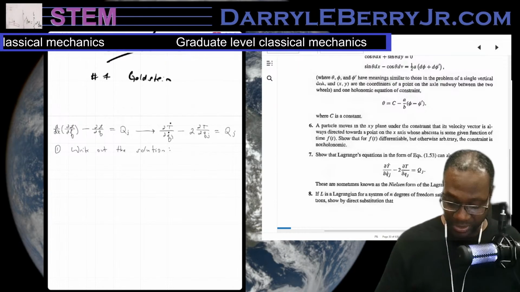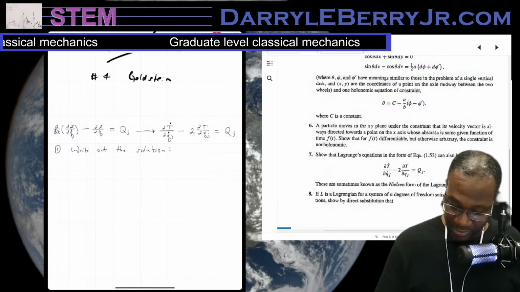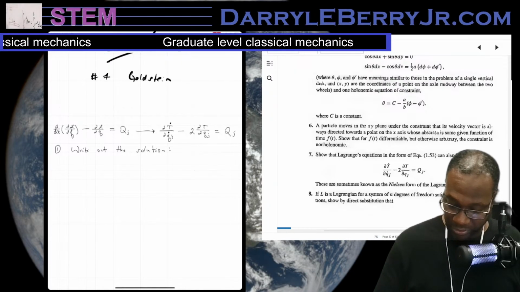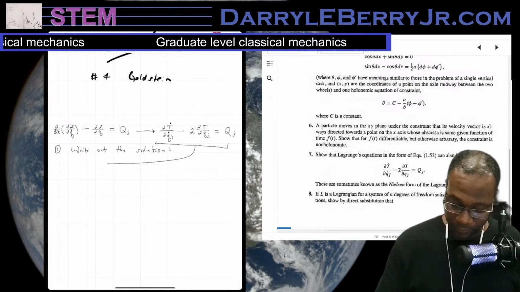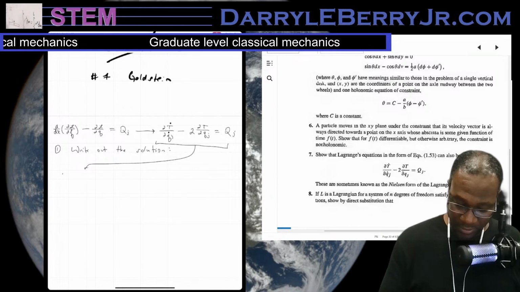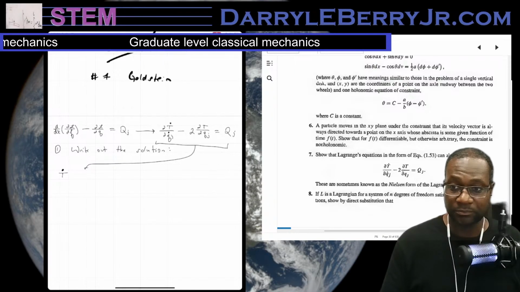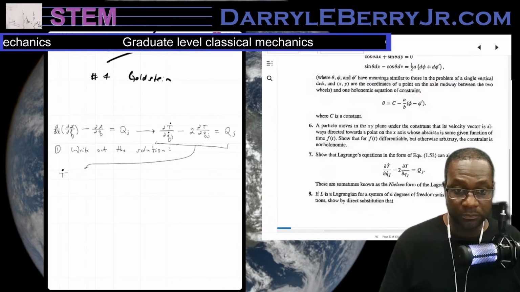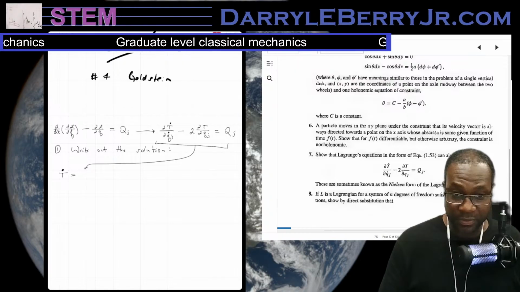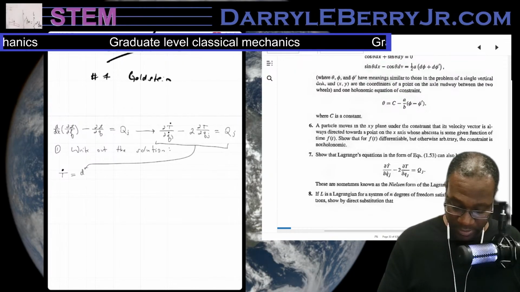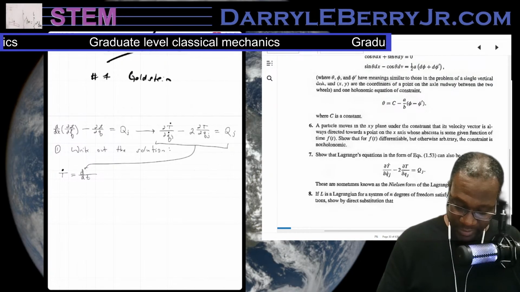So the first thing she suggests is to write this out. Write the solution out. When I say the solution, this is what we're trying to get to. So T dot, T should be the kinetic energy, equals dT over dt, as far as the kinetic energy.